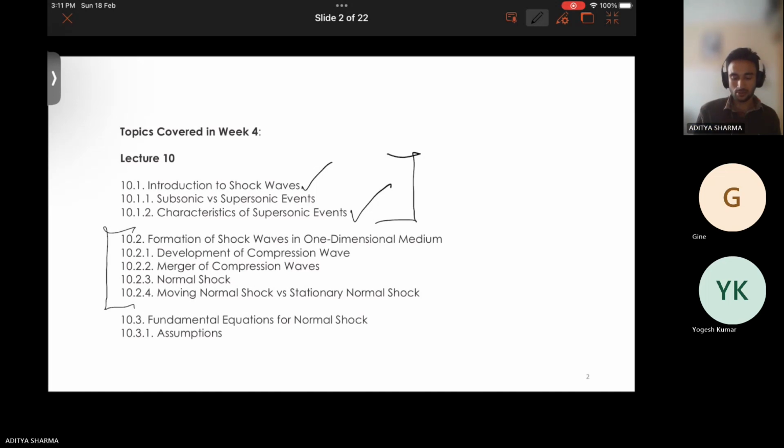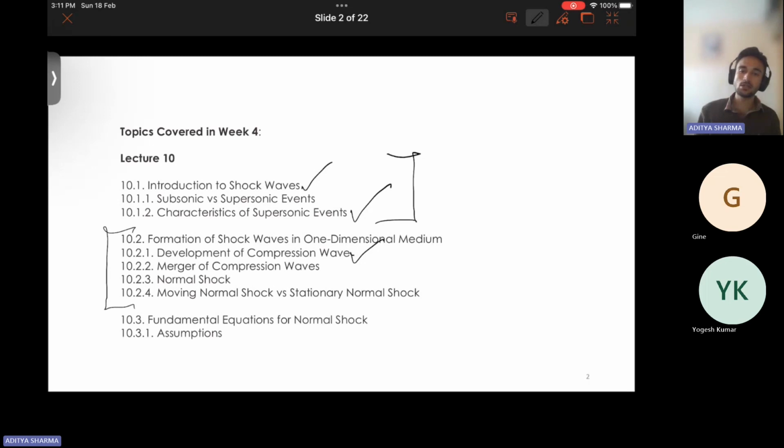Then the subtopic related to this was the development of compression waves. In the lectures we saw that, by means of a piston example, the compression wave has been explained. If in the starting there is a piston moving with constant velocity, that is how it has been initiated.